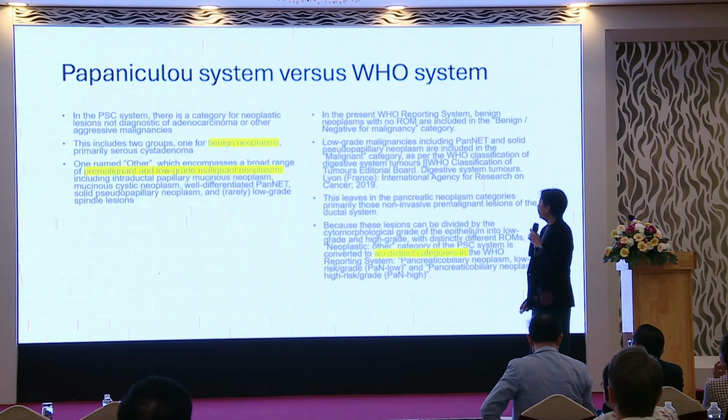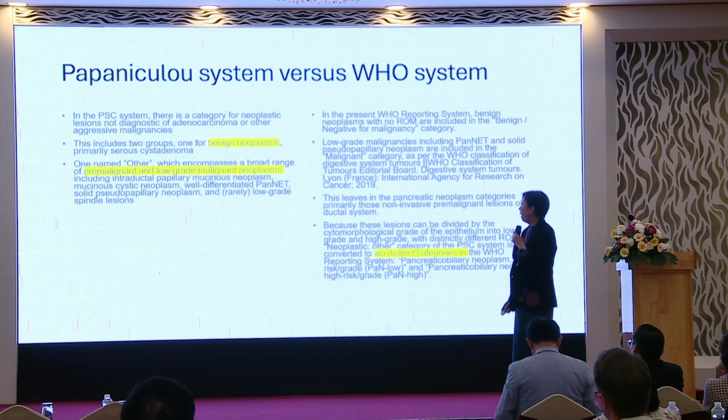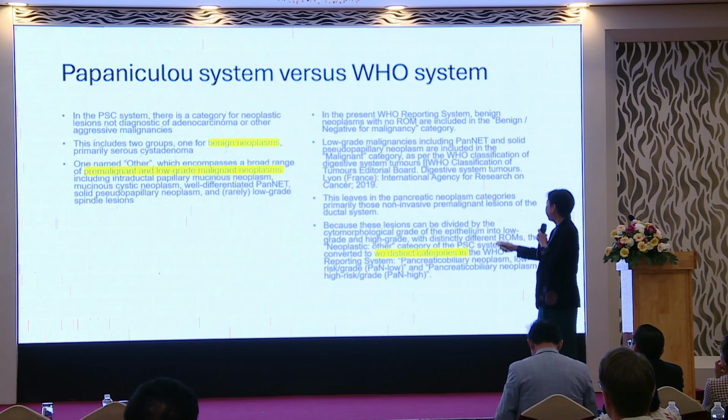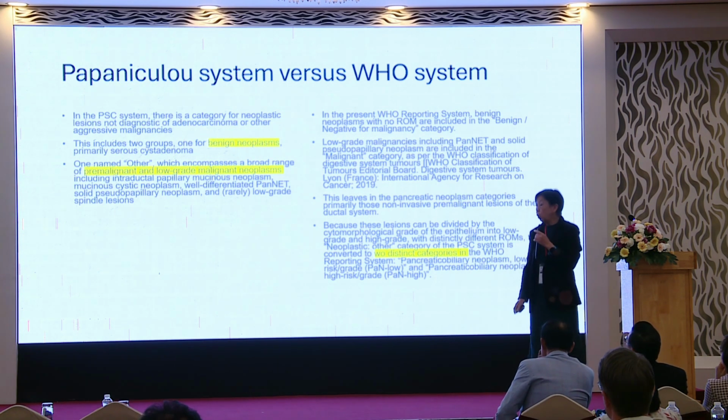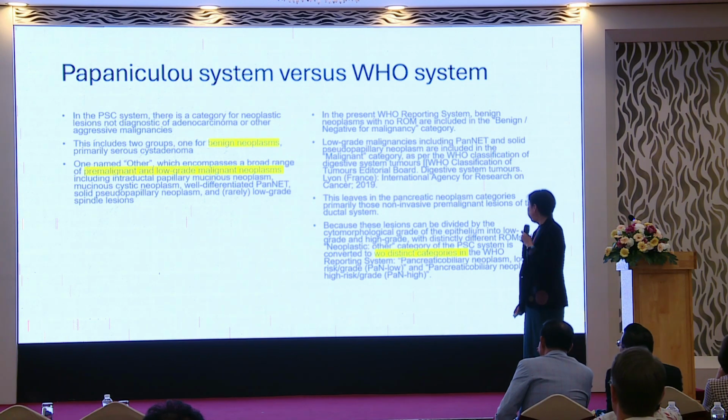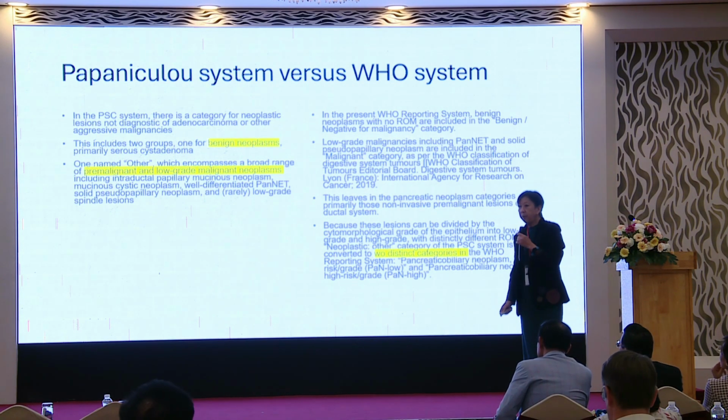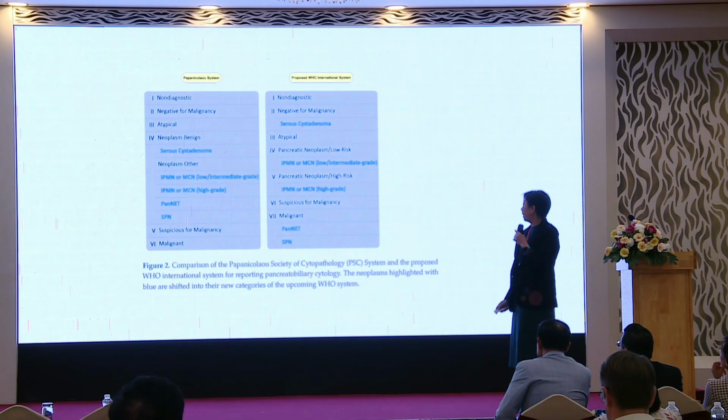So the Pancreatic system versus the WHO system, the big difference is in the pre-malignant and low-grade malignant categories, and in the WHO the neoplastic is converted into 2 categories. One is low and one is high, and please remember that there are differences.